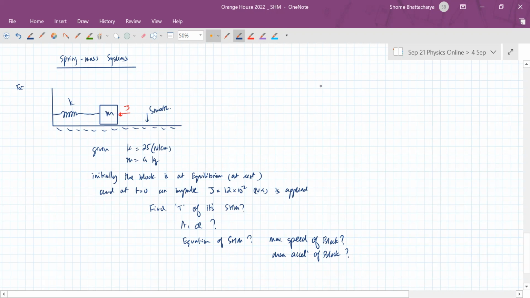So the background here is that we had seen that if you have a horizontal spring mass system like this, when it is at natural length, the acceleration is 0. So this is your mean position. But from this, when we take it to a positive displacement, the tension in the spring creates a negative acceleration.